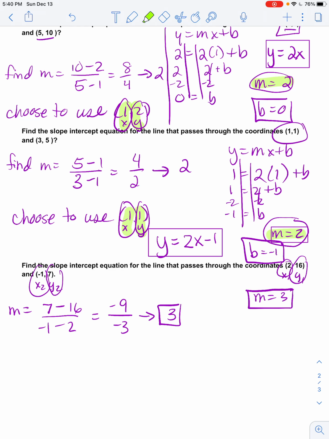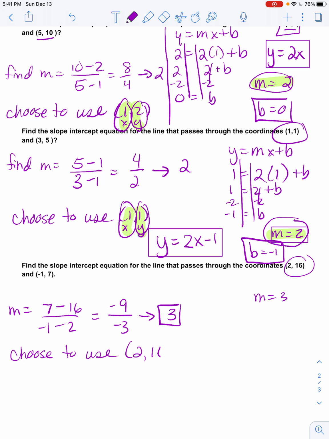Now, what am I going to choose to use? Well, I have a negative 1, 7, or a 2 and a 16. Even though 2 and 16 is kind of big, I'm going to do that instead of using negative 1. So I'm just choosing that because I think it might be easier to not have negatives. So I choose to use 2, 16 for my x and my y. So now I know my y, m, x, and I can find b. So I'm going to find my b same way as I have in every single problem.